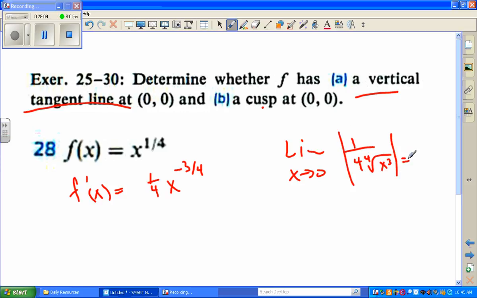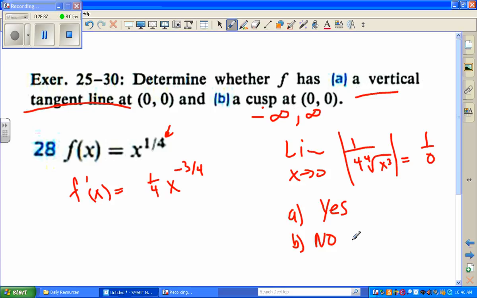It doesn't take rocket science to see it's going to be 1/0, which gives you a vertical tangent line. The question now is, for the cusp, is it ever going to equal negative infinity? I say that the 4th root is going to stop it because the negative numbers aren't even in the domain to begin with. So the answer is yes for a vertical tangent, yes for part A, and no for part B.